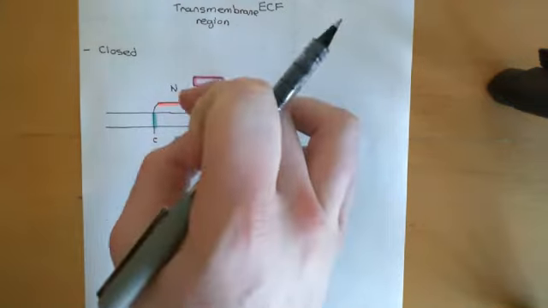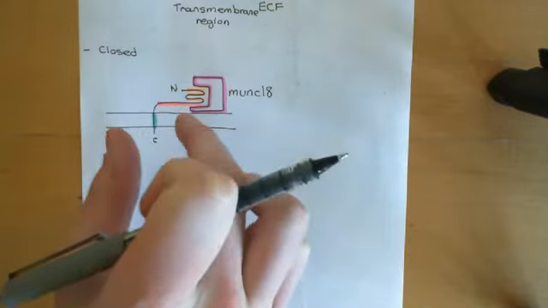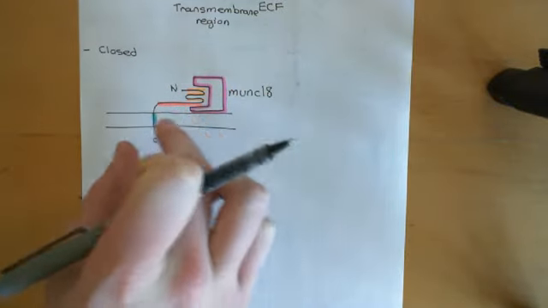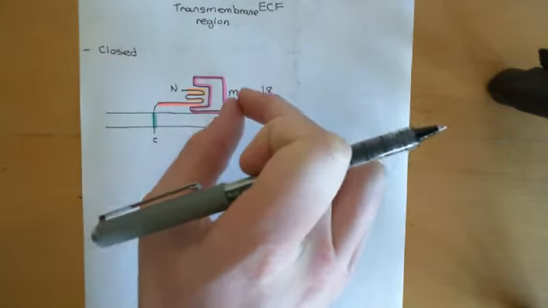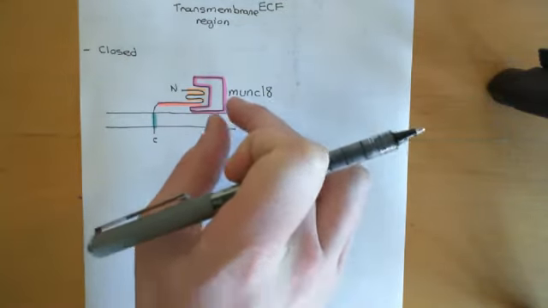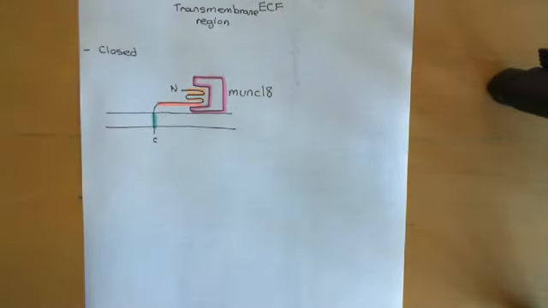So it locks the syntaxin 1 in the closed conformation until the syntaxin 1 is actually in the plasma membrane at the active zone, and then proteins in the active zone are going to facilitate the unloading of MUNC18 from the syntaxin 1. So if you knock MUNC18 out, you don't get any syntaxin 1 getting to the active zone, and therefore you don't get any exocytosis because syntaxin 1 is utterly essential.